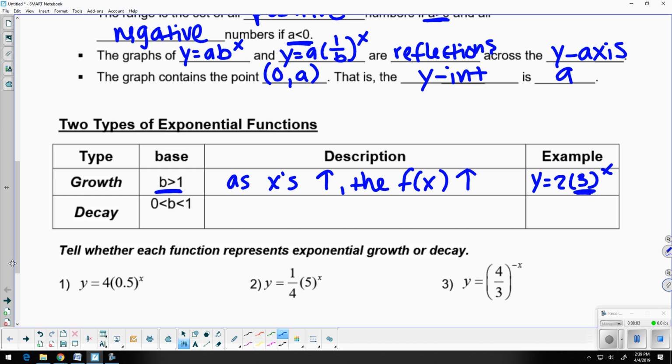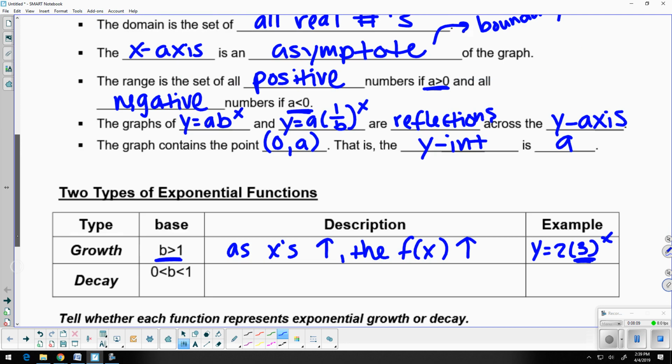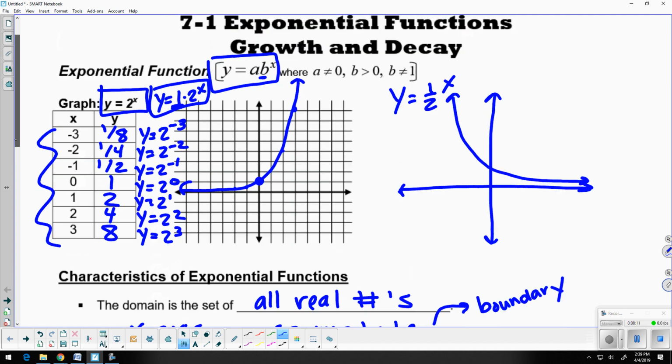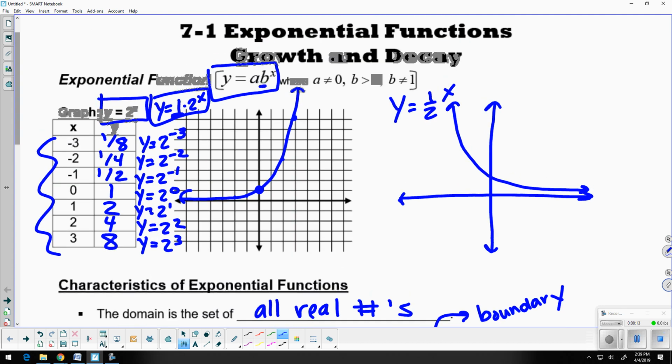So if it's going to be exponential growth, as your x's increase, the function itself increases too, which is exactly what happened in our first example. Okay, the bigger the x's were that I plugged in, as I went down through the table, you could see how the y's are increasing. You could even see that graphically too, right? So if I kind of keep increasing along my x-axis here, my function is going up, it's increasing, okay?